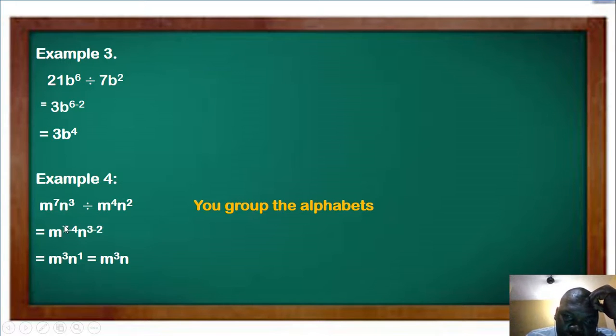So m raised to power 7 minus 4, then n raised to power 3 minus 2. So it's equal to m raised to power 3 multiplied by n raised to power 1, because 7 minus 4 is equal to 3, and 3 minus 2 is equal to 1. So m raised to power 3 multiplied by n raised to power 1 is equal to m raised to power 3 n, because n is raised to power 1 here. So m raised to power 3 n, that's the answer.